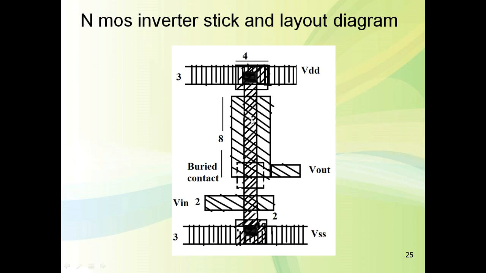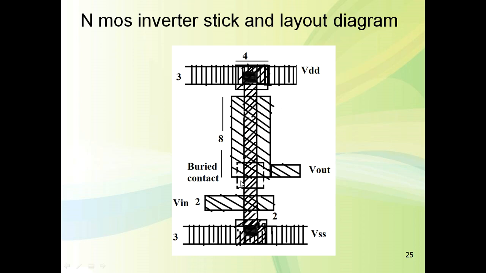Now we will see how to form the depletion mode transistor. We form the depletion mode transistor using poly and n diffusion, the polysilicon layer and n diffusion. What is the size of the transistor? It is 4:1.